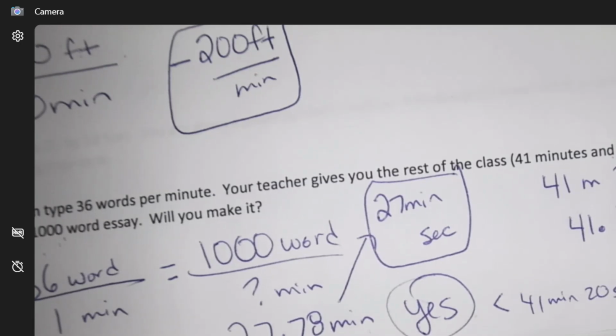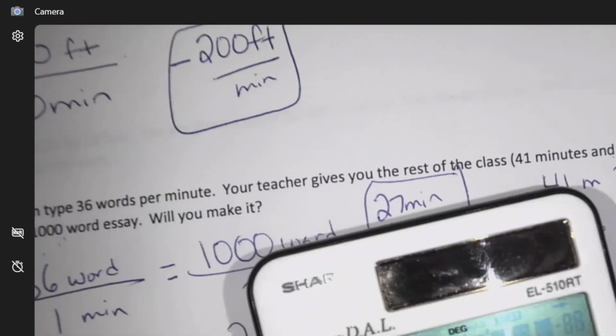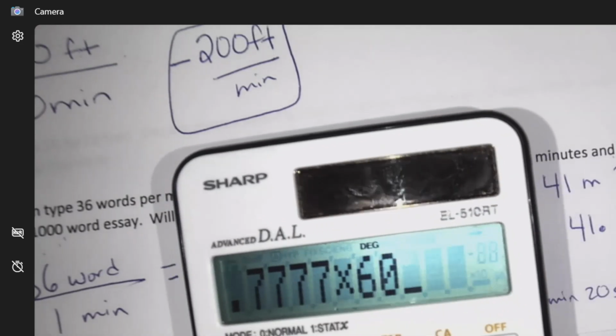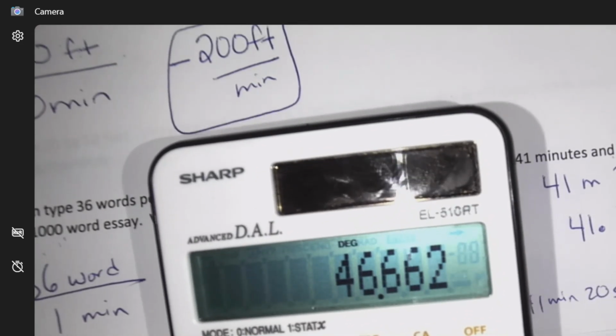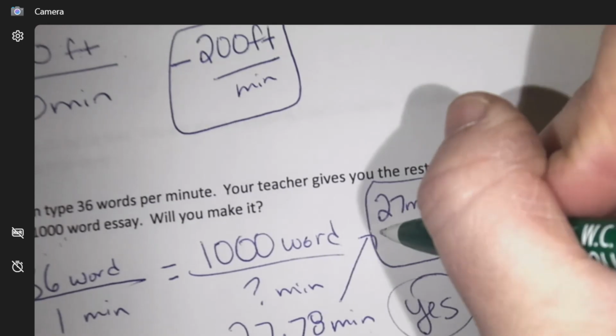How do I make this decimal into seconds? Everything with time is somehow using 60. So what do you want to do? You would want to times by 60 makes 47 seconds.